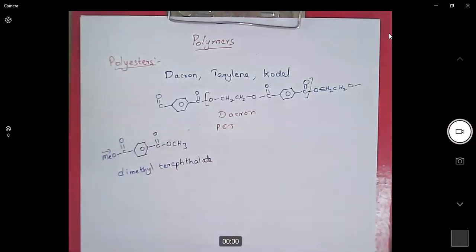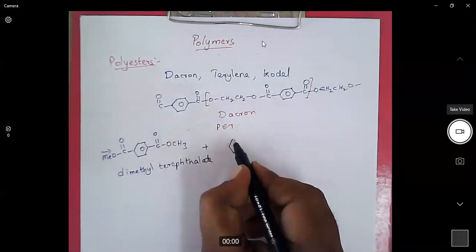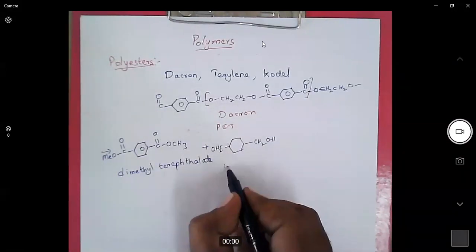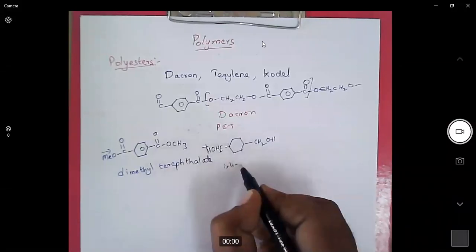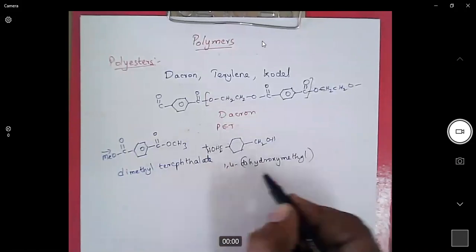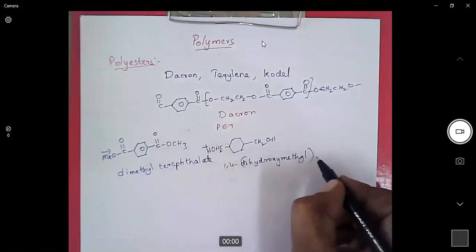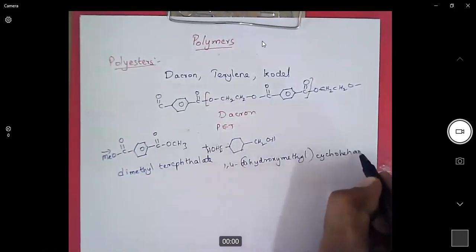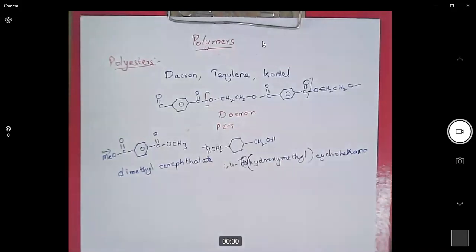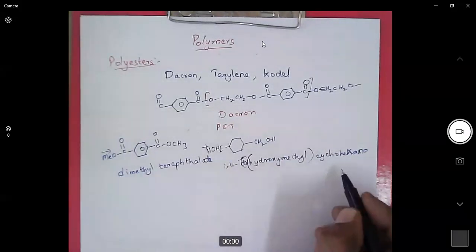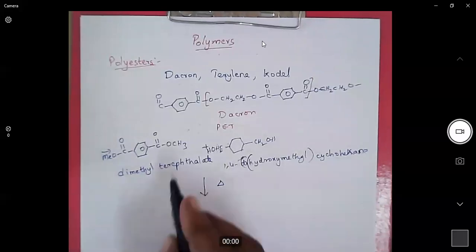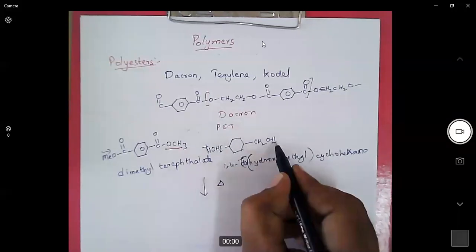Dimethyl terephthalate, when it is treated with 1,4-dihydroxymethyl cyclohexane, that is, 1,4 CH2OH cyclohexane, under thermal conditions, we will be losing methanol, OCH3 and hydrogen from the alcohol.